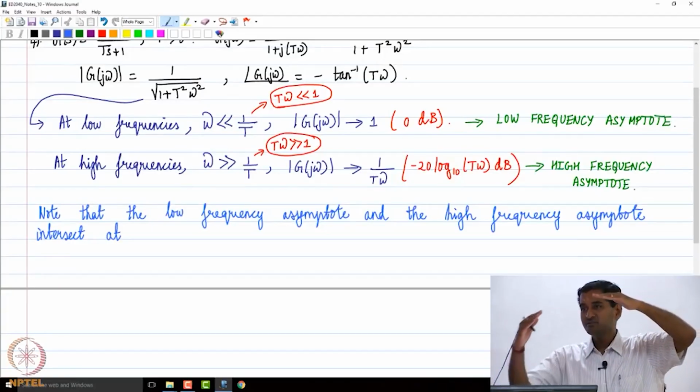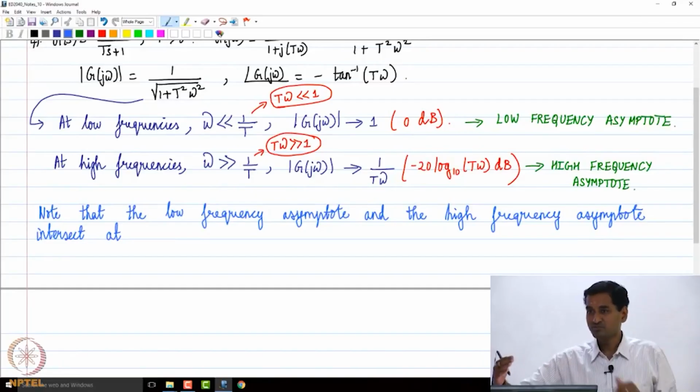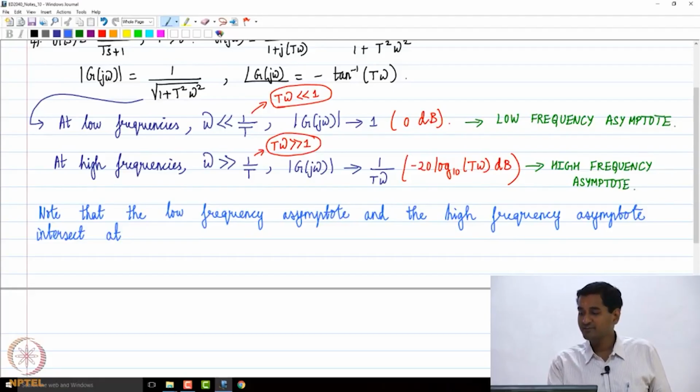The high frequency asymptote has a slope, we will come to the slope shortly, and that's also a straight line. Obviously both of them are going to intersect somewhere. Where are they going to intersect? Wherever the high frequency asymptote value becomes 0 decibel. Where does that happen?